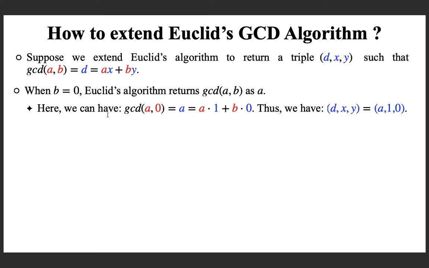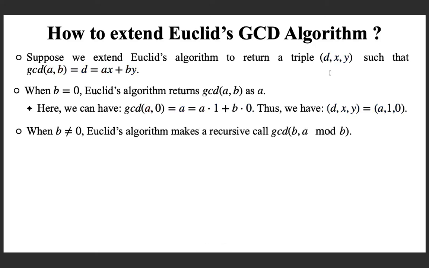So we have solved the base case: when b equals 0, what we can return from the extended Euclid's algorithm is a, 1, 0 as this triplet. Now we need to see what we can do for the case when b is non-zero.